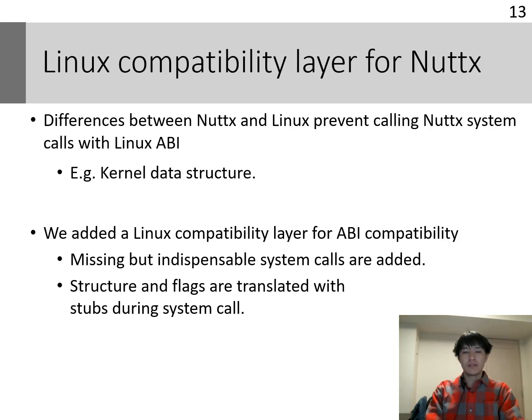Although both systems are POSIX-compatible, there are some differences between NuttX and Linux, preventing directly reusing NuttX system calls for real-time system calls, which are encoded in the Linux API. This includes, for example, different kernel data structures. To achieve API compatibility, we added a Linux compatibility layer and implemented missing but essential system calls, and incompatible structures and flags are translated with stubs during the system calls.